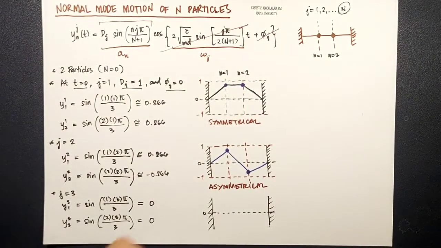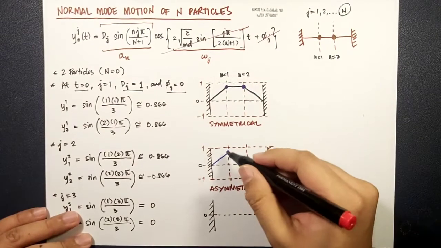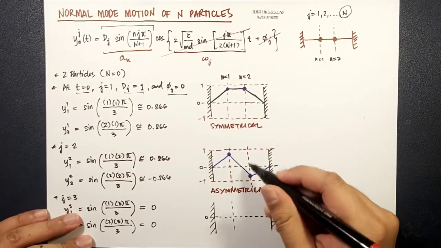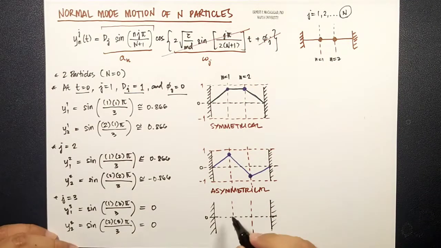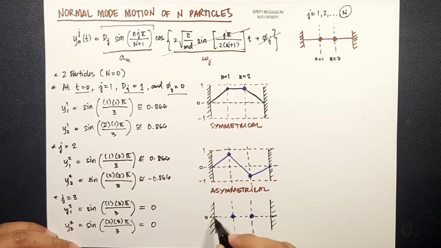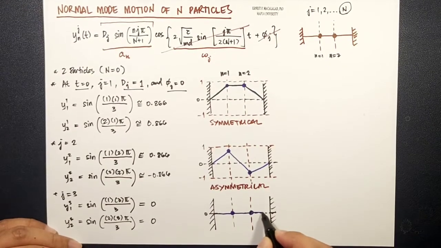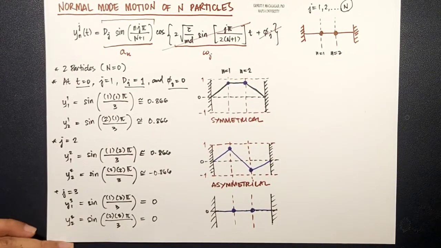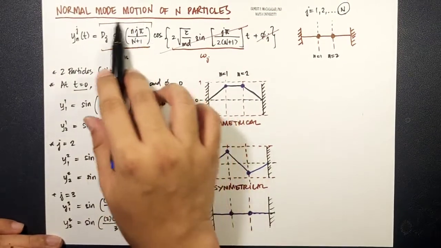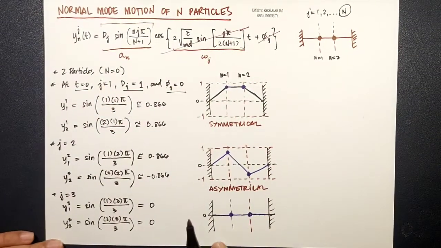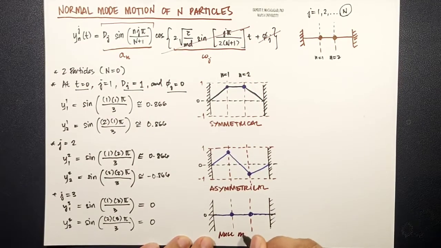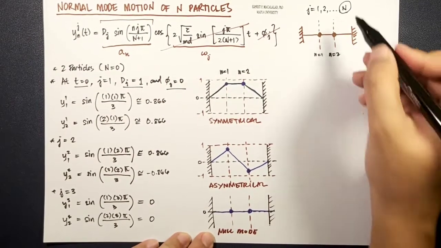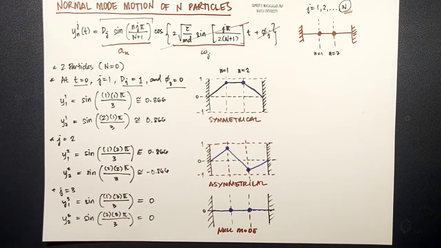So the particle n equal to 1 and the particle n equal to 2 will just be located here. It's always here because this is always 0 for J equal to 3. Usually we call this the null mode, and that's why the limit for J is always equal to N.